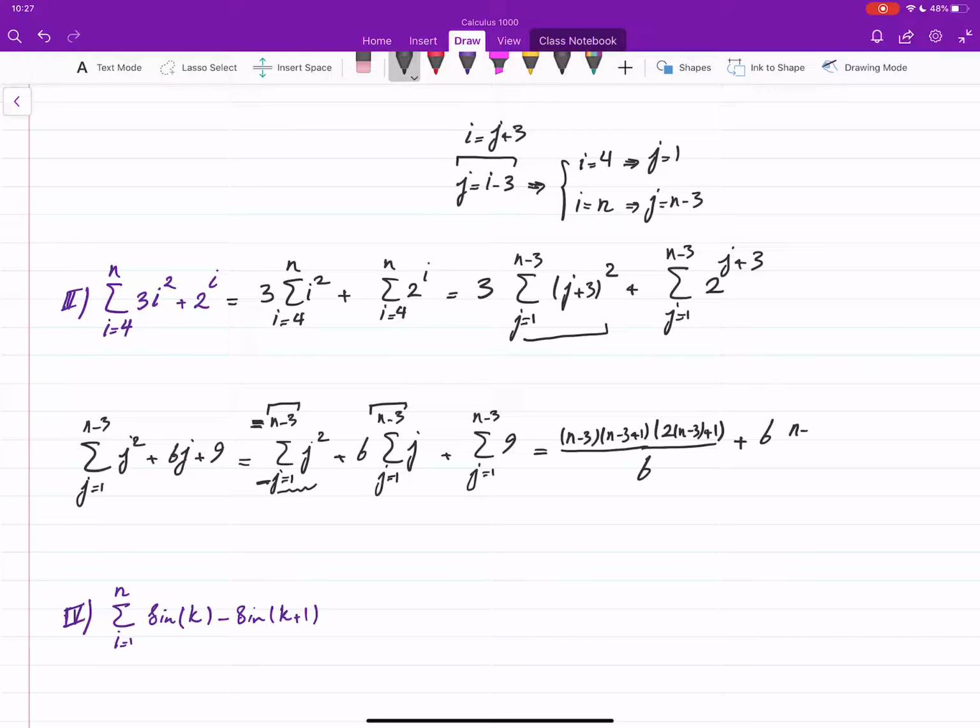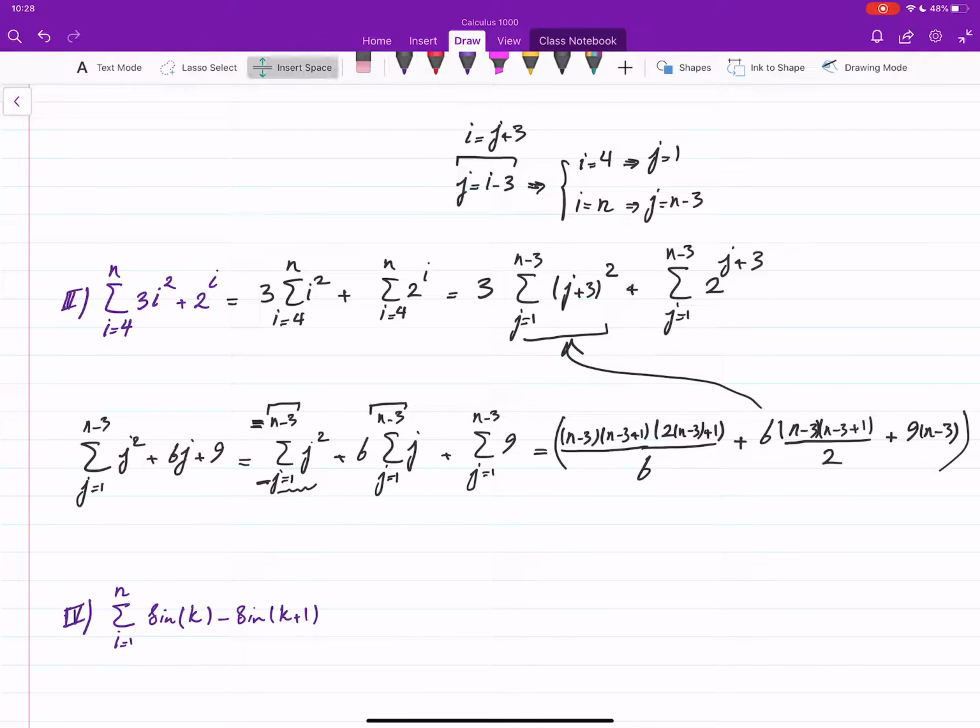So it will be n minus 3 times n minus 3 plus 1 over 2. And this guy is 9 times the sum of 1, j going from 1 to n minus 3, so it's 9 times n minus 3. As you see, this is a sum. Well, I won't do simplification of that, but this whole thing, you can put it there instead of that.